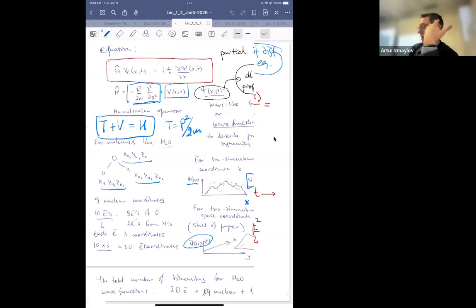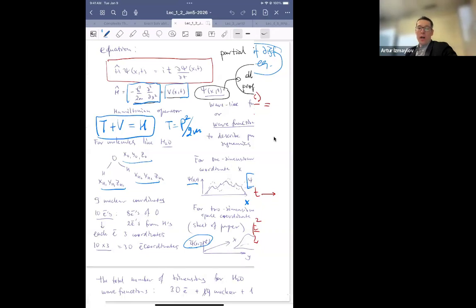Of course, to understand most of this, you don't need to go into the multidimensional cases, because it's really hard to draw the solutions of the equation.